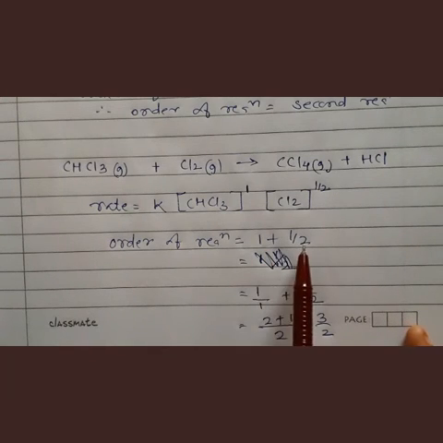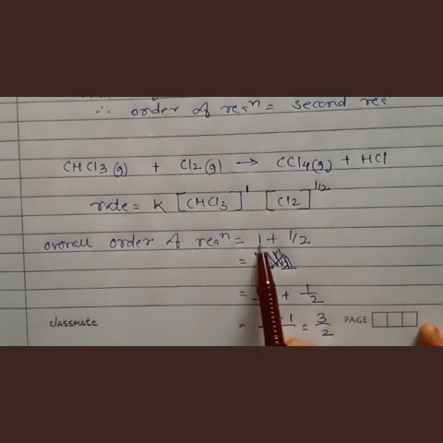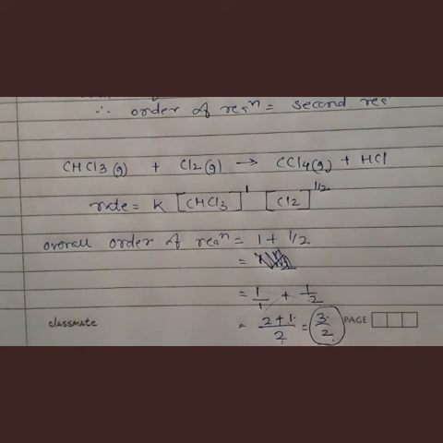Now we have to solve this. 1 means 1 upon 1, plus 1 upon 2. When we have to do the addition of fractions, we have to equalize the denominators, or cross multiplication also we can do. So 2 ones are 2, 1 ones are 1, divided by the multiplication of denominators, 2 ones are 2. So 2 plus 1 is 3 upon 2. So this is the overall order of reaction.